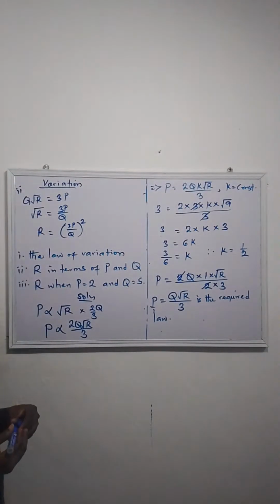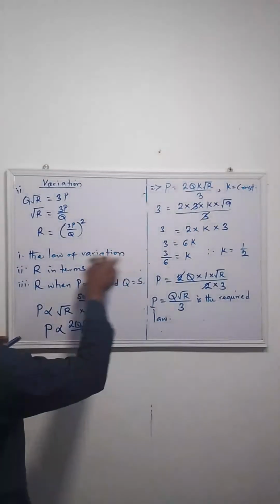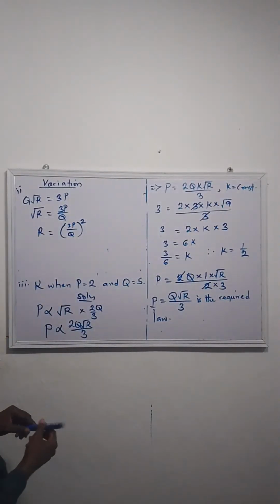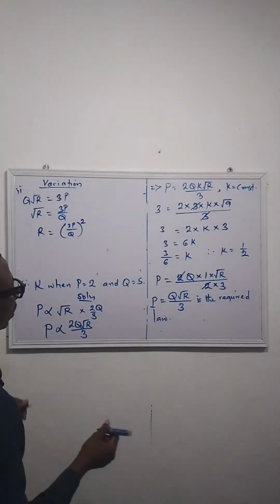Now let's look at the third one, Roman numeral 3. You have to find R when P is 2, Q is 5.